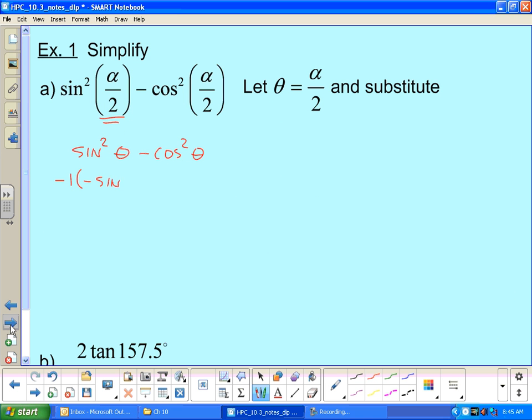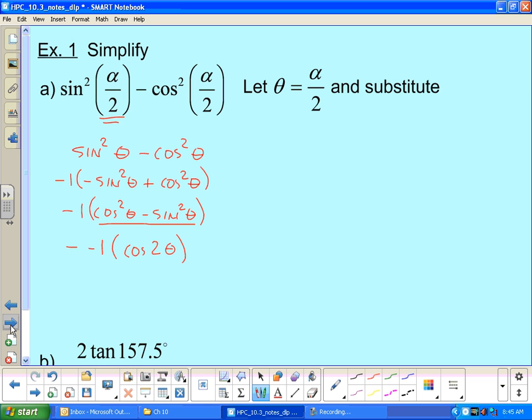We'll get a negative sine squared theta plus cosine squared theta, which means we can now write it as cosine squared theta minus sine squared theta. And we know that cosine squared minus sine squared is equivalent to the cosine of a double angle.